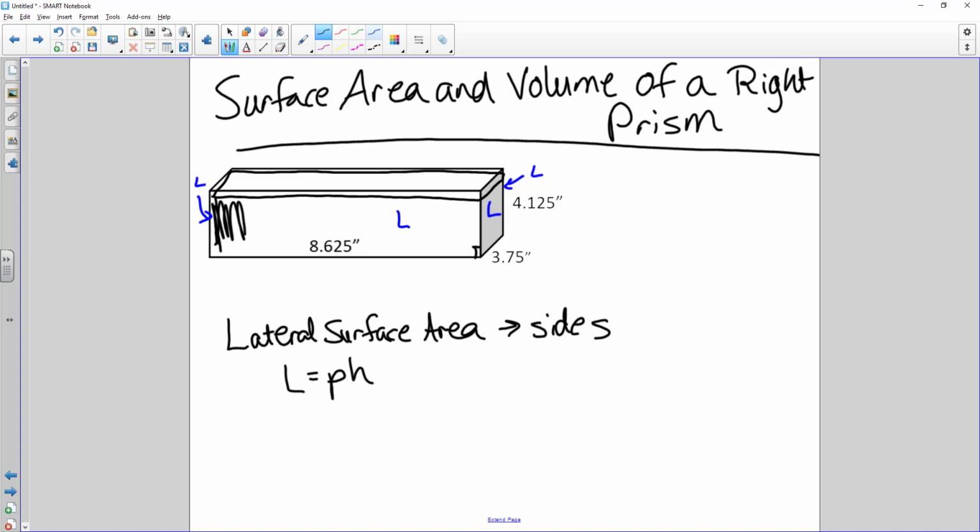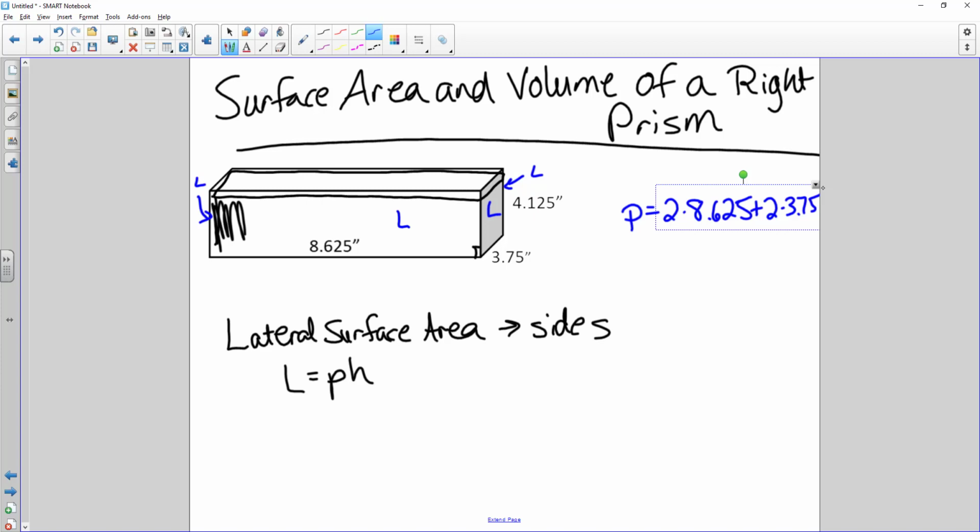Over to the side, I'll jot down what the perimeter is: twice the length plus twice the width. I could just add around the 4 sides, but I'll do 2 times 8.625 plus 2 times 3.75 to get the perimeter around that rectangle.